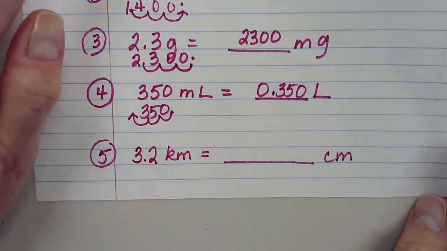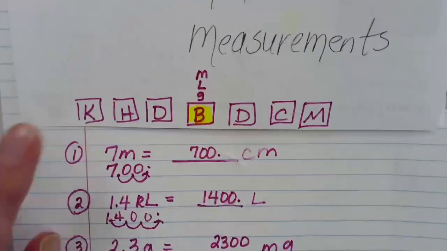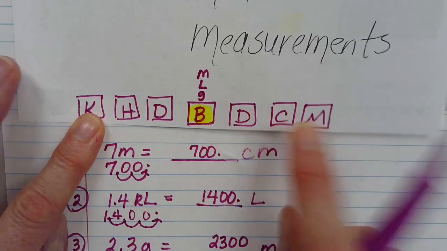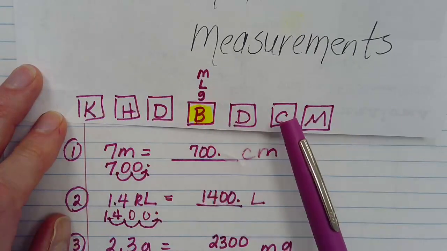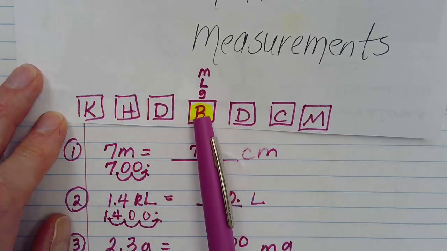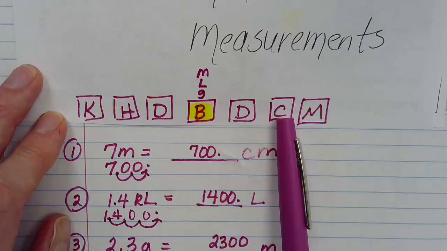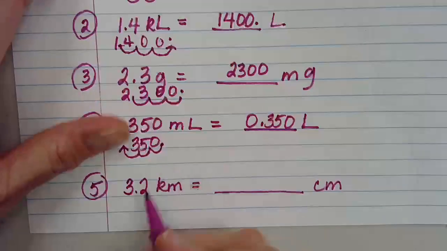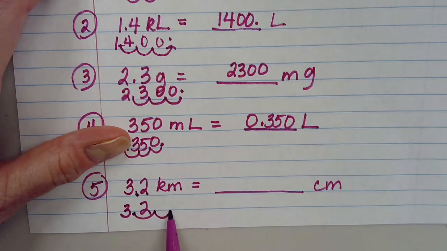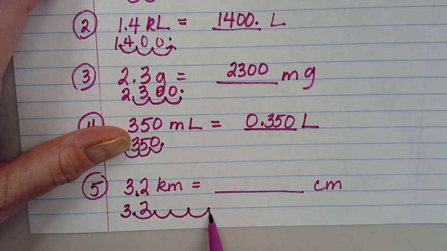All right, so I'm going from kilometers to centimeters, from here to here, and I'm counting. So I'm going to start at K, and I'm going to count to C with jumps. 1, 2, 3, 4, 5. I'm going to go 5 to the right. Decimal's not at the end, it's in between. So I'm going to move that decimal. 1, 2, 3, 4, 5.